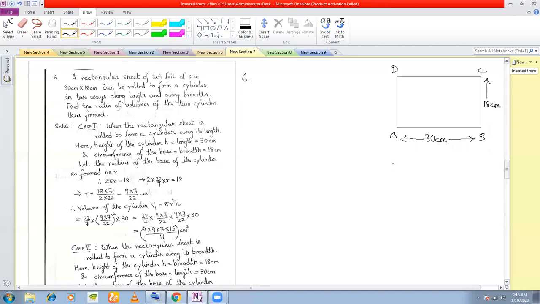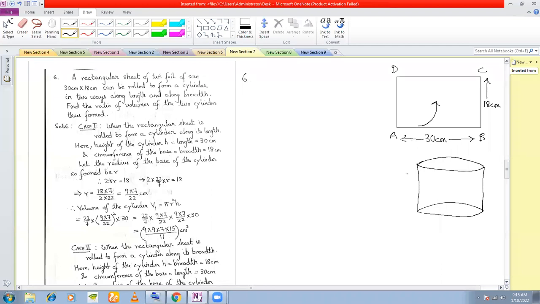Now if you roll it along the length, that means this part you are folding, this part you are rolling, that means you are making this into a cylinder, then what happens?